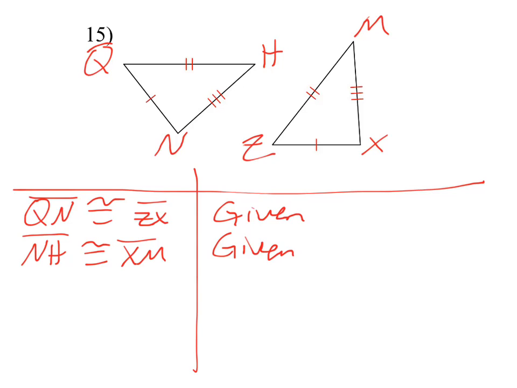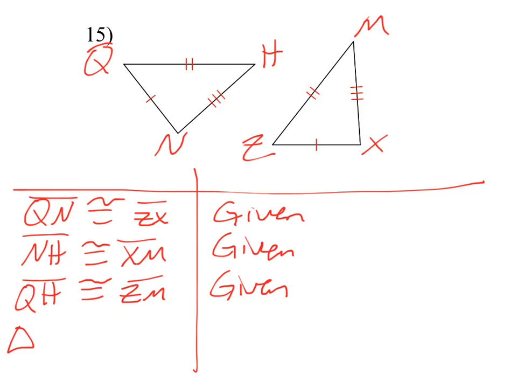And then I know that QH is congruent to ZM. So those two sides are the same. Because that's also given. And then the last part, you say that they're congruent because we know that by side, side, side. If the sides match, the triangles are going to be congruent. So you got QHN.